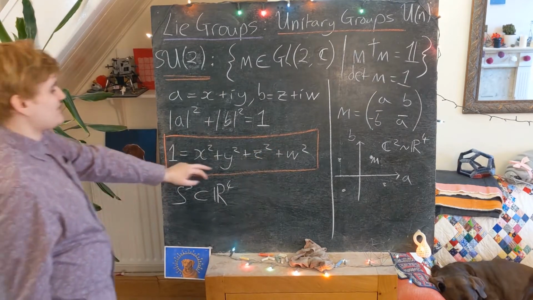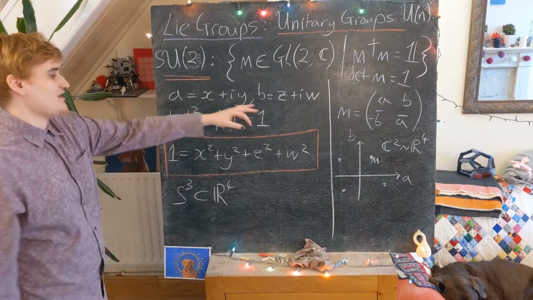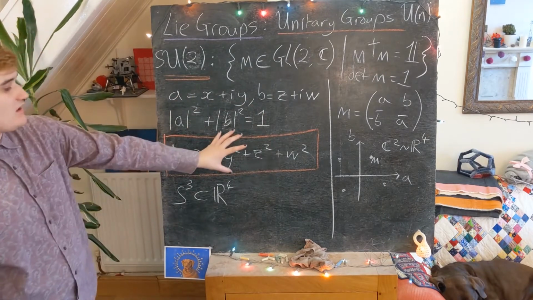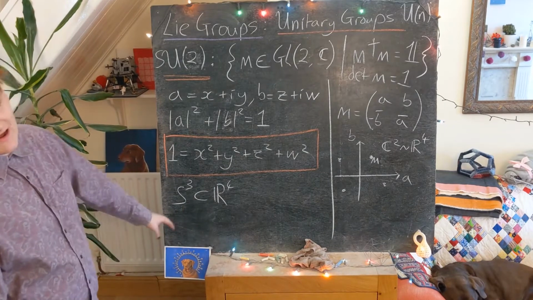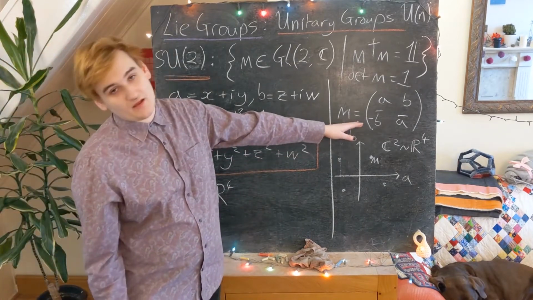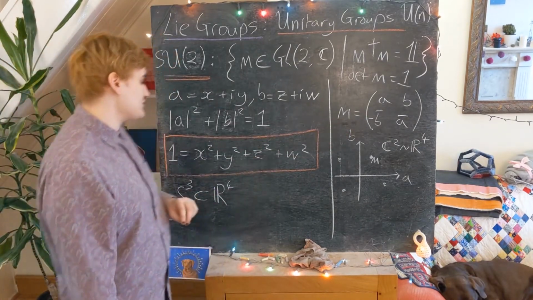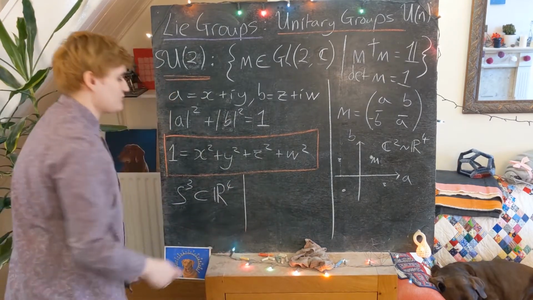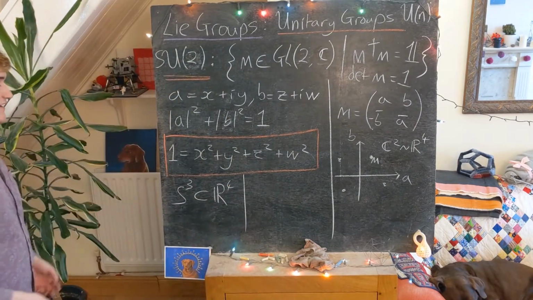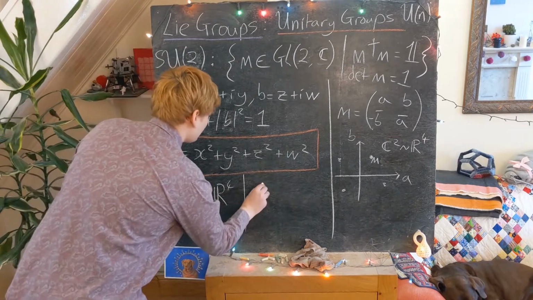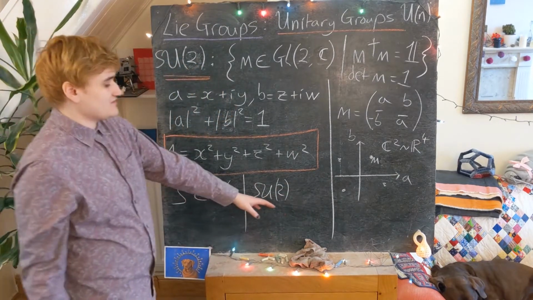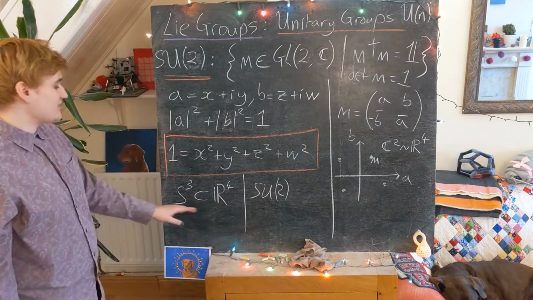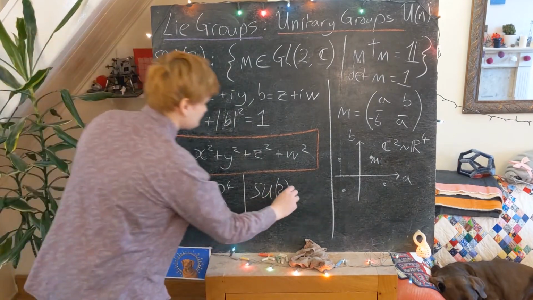And so any x, y, z, w corresponding to A and B that lies on the surface of this 3-sphere is now in direct correspondence with an element of SU2. And so what this means is we've now identified another isomorphism, the isomorphism of the group elements of SU2 with the points lying on the 3-sphere.